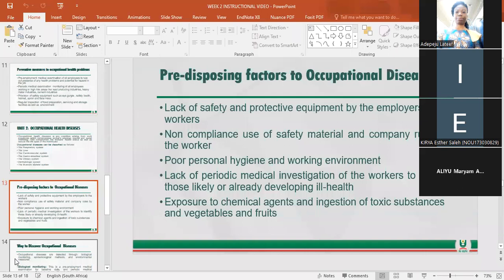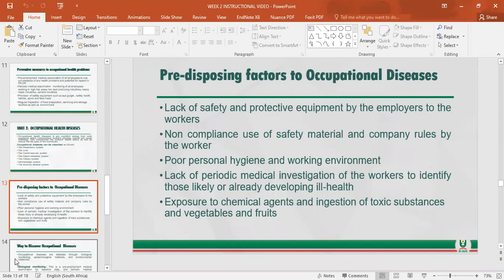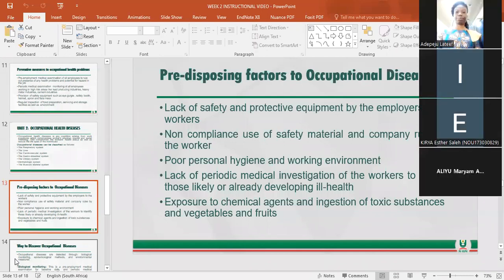As an employer, I want to know what your medical record was when I employed you. And periodically, I want you to do a test to show me if your health is being compromised. If it is, then I replace you in another unit where your health will not be compromised.